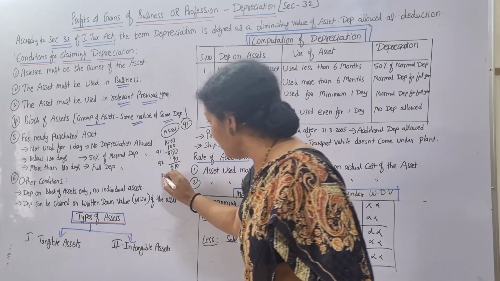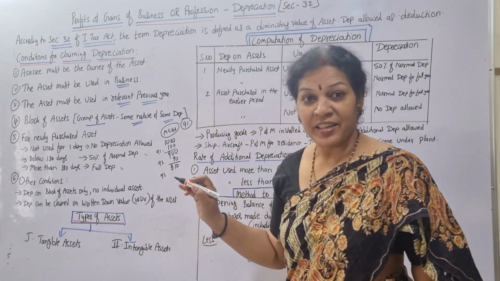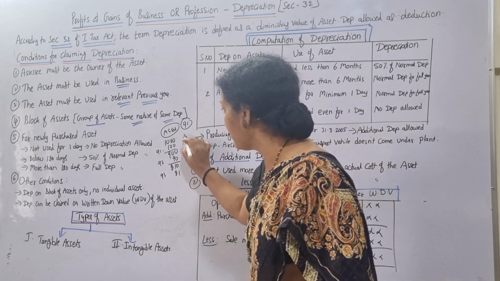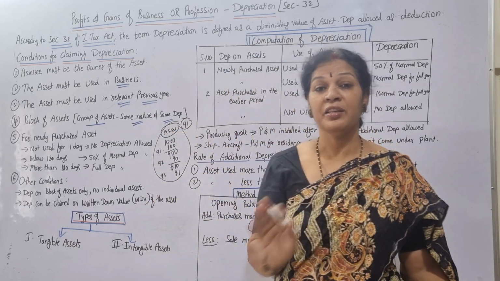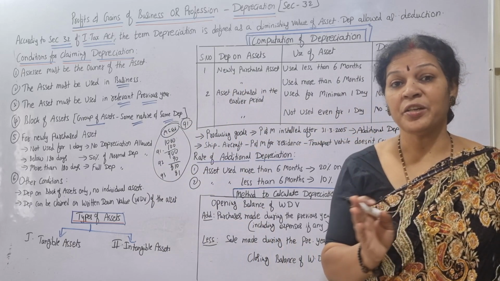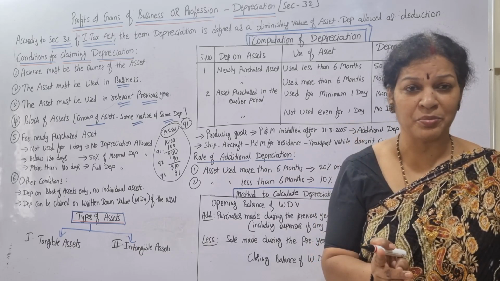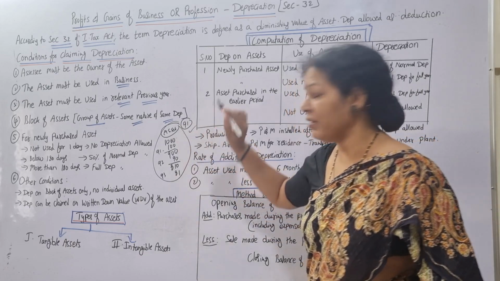For 93 year depreciation, we'll be calculating on 810. 810, 10%, it comes to 81. This process of calculating the depreciation, we say it as the written down value method, or diminishing balance method, or reducing balance method. This method only we are going to apply.